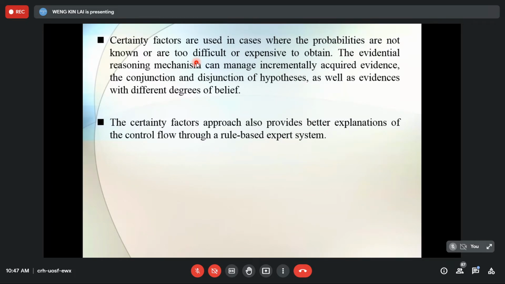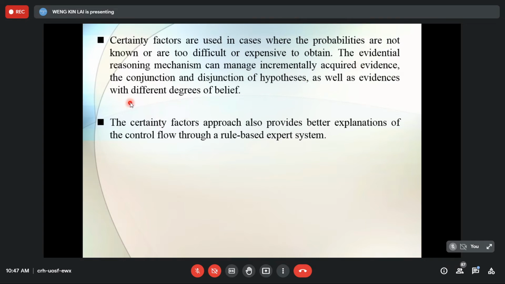Now, based on this evidential reasoning mechanism, the uncertainty management method based on evidential reasoning can manage incrementally acquired evidence. That means that you can, at some point, increase the evidence incrementally.